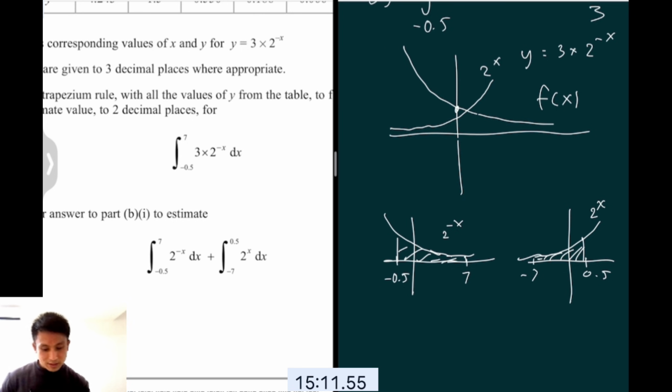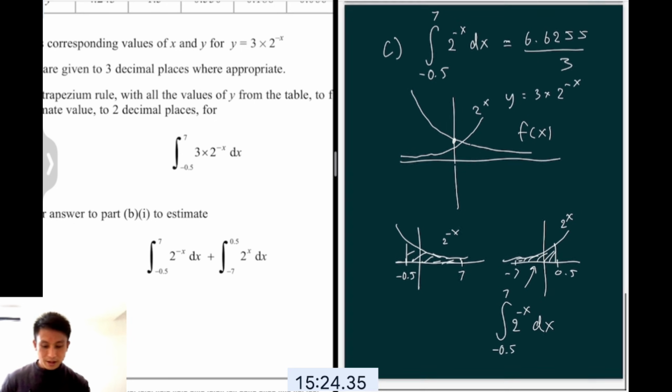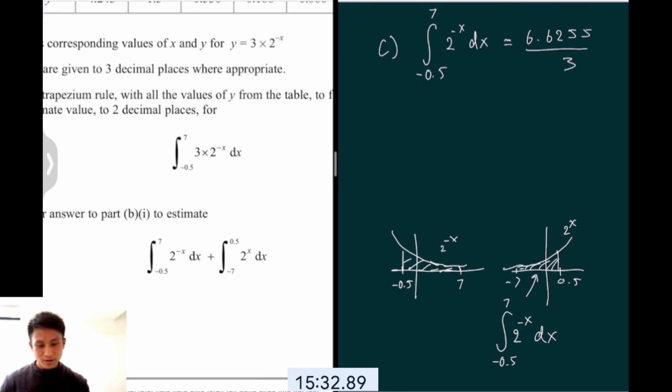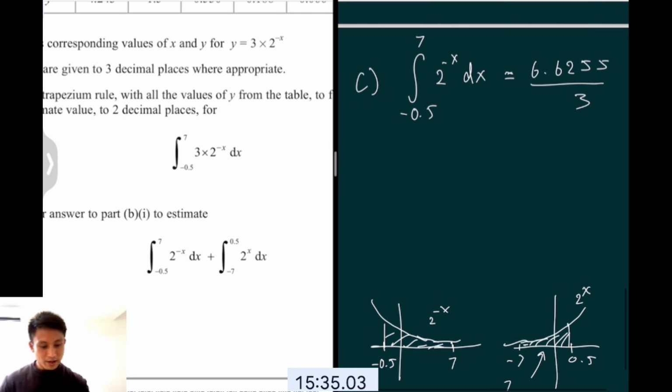So that means this particular area would be the same as the integral of 2 to the minus x dx, integrating from minus 0.5 to 7. And that happens to be the one we got above here, right? That means, I'm just going to write some rationale here.